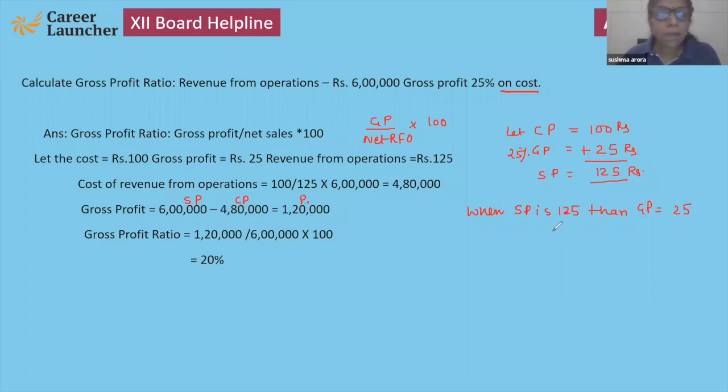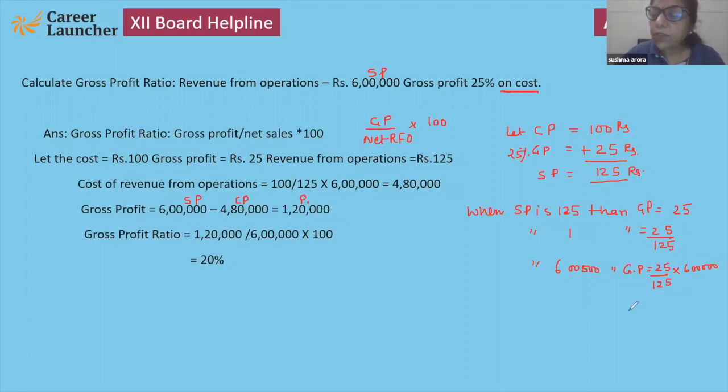Okay, simple, when selling price is 1, then profit is 25 upon 125. When the selling price is given in the question, this is the selling price, my dear children. RFO is known as selling price, 6 lakh, then GP is equal to 25 upon 125 into 6 lakh.